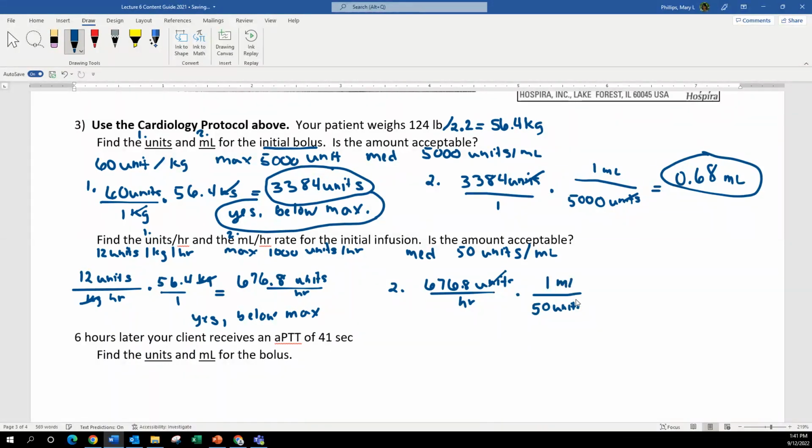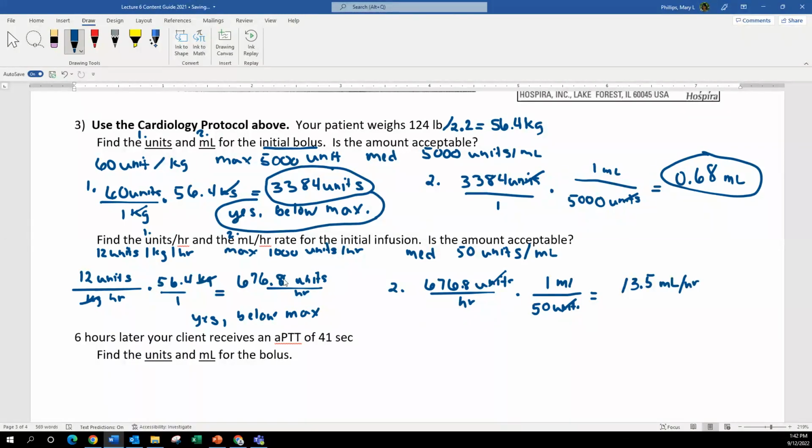And so that will cancel the units, convert over to milliliters. So I do that math, and here, because it's an IV, my rounding should be to tenths. So rounding, I get 13.5, and now that label is milliliters per hour. So that's going to be ready to type into an IV pump to deliver that med.